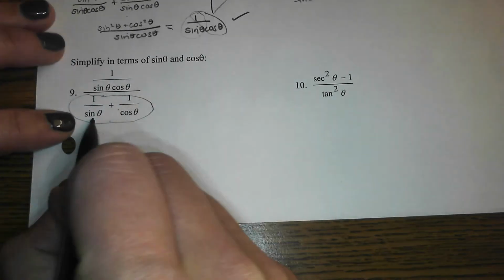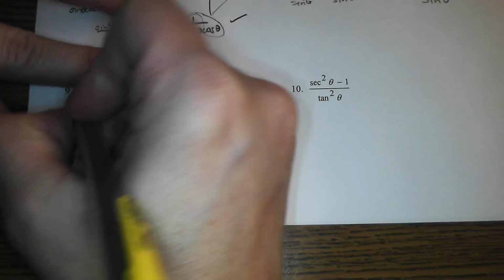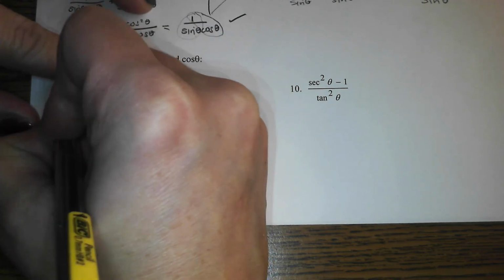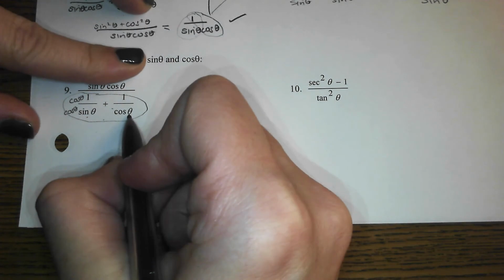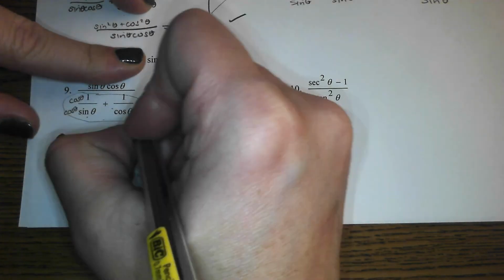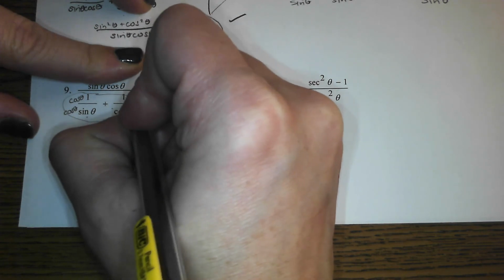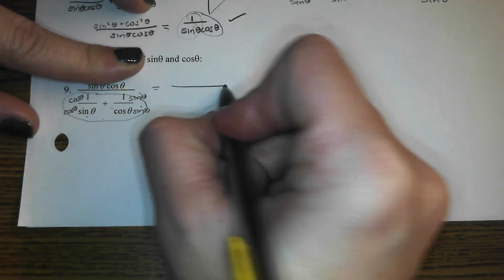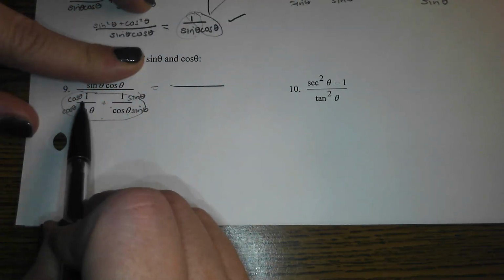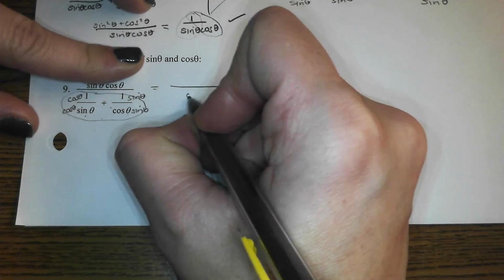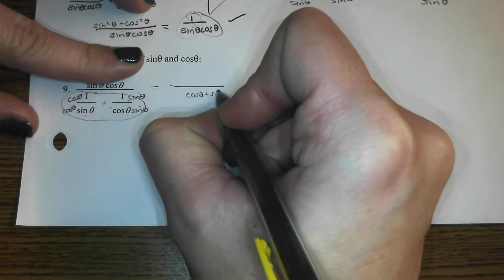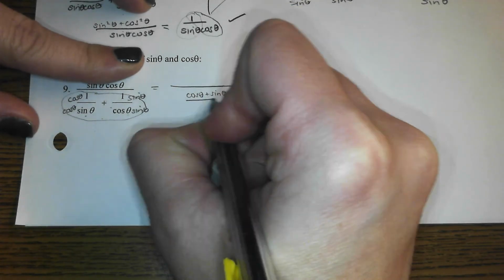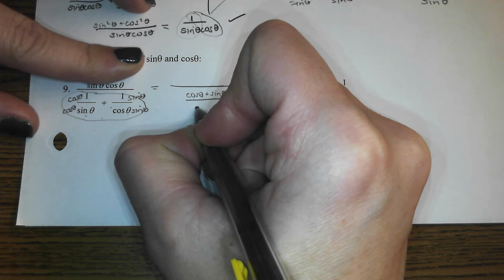What does this denominator need? Cosine. What does this one need? Sine. So now those can be added together. The numerator will be cosine plus sine over the common denominator, sine cosine.